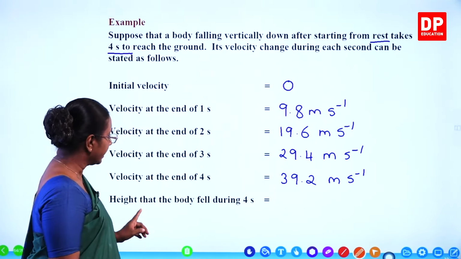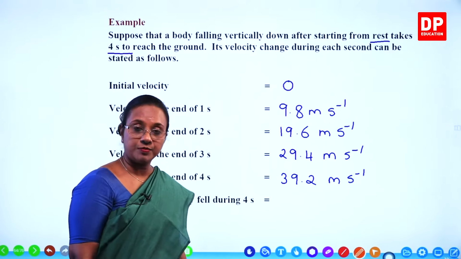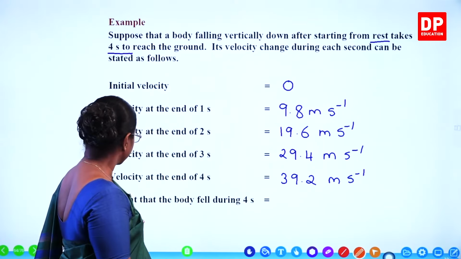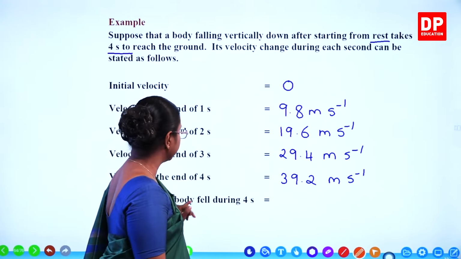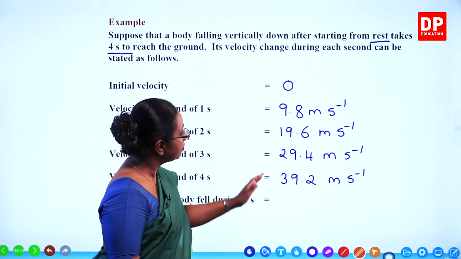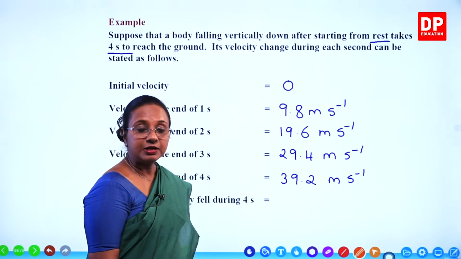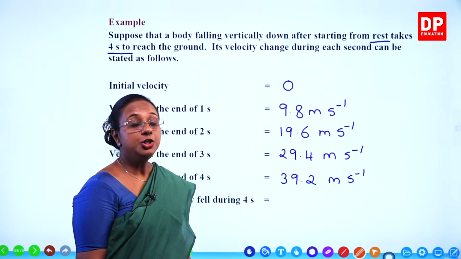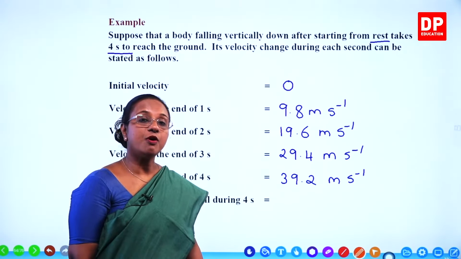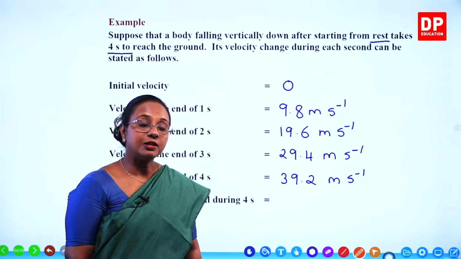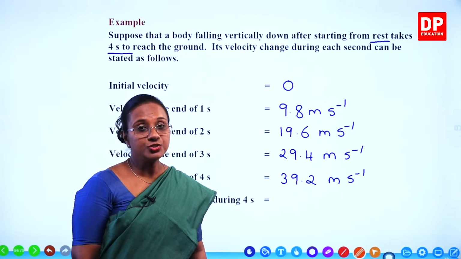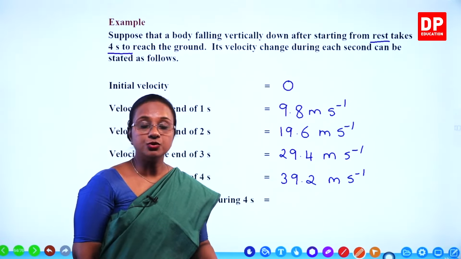So, there is a height that the body fell from. Said it was at rest at a certain height. So, they want us to calculate the height that the body fell down during 4 seconds. Now, if you look at this motion, the body is moving under uniform acceleration. So, if it is a uniform acceleration, we calculate the displacement using an equation where we use mean velocity into time.